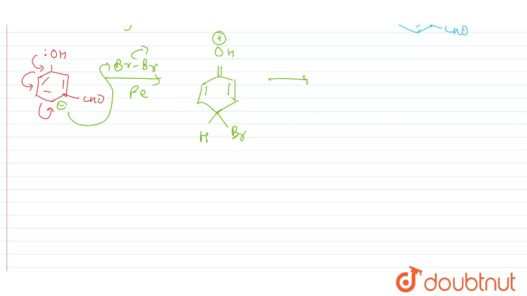Correct? And what will happen? Bond shifting is going to happen in this part, and here you will have this as the molecule, that is OH, and obviously CHO is present, right? Here you will have your CHO as it is. Then here will be bromine, and here double bonds.